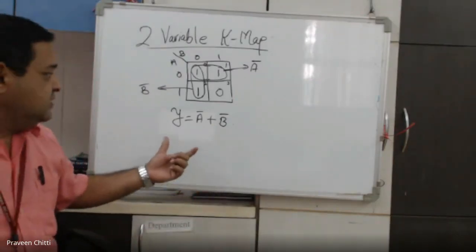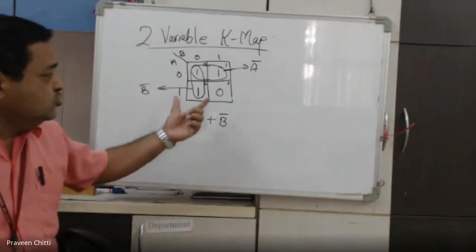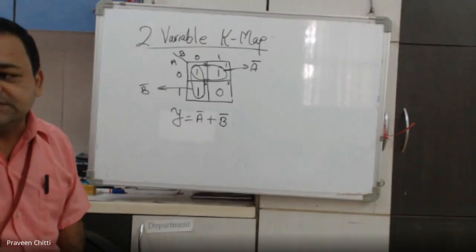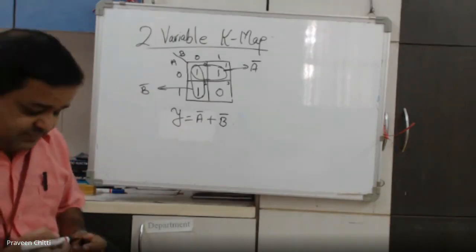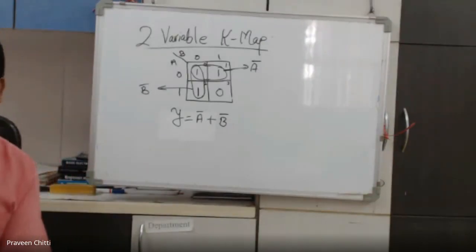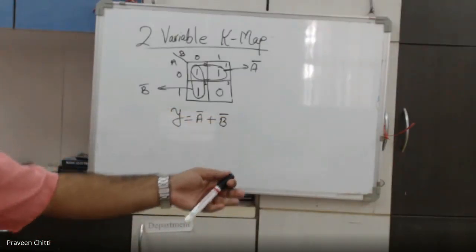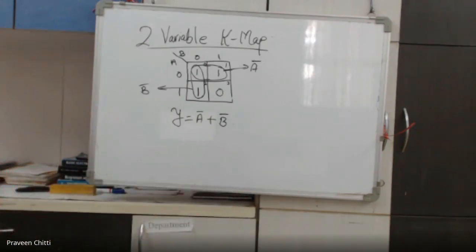Hope it is clear how we can do the grouping and how we can get the simplified expression. Is that clear? At least for those who are studying K-map for the first time, it will be more clear when we go for 3 variable, 4 variable K-map and we solve a variety of examples, and once you do that, you will be perfect in this.